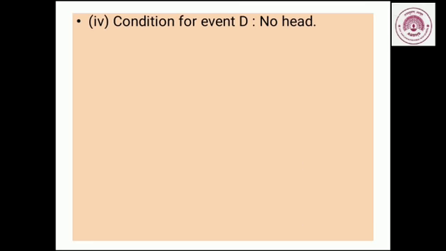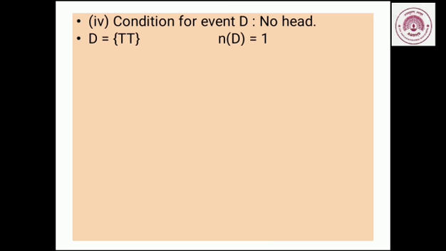Fourth one, condition for event D, no head. This time we have to select outcomes with no head. If you see sample space S, there is only one outcome with no head, which is TT, and therefore D is equal to {TT}, and n(D) is equal to 1.